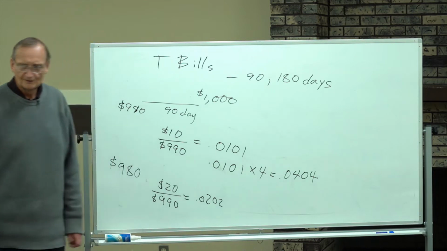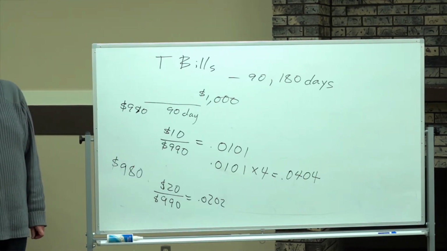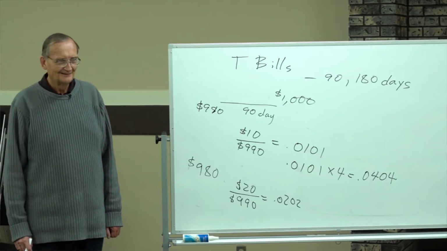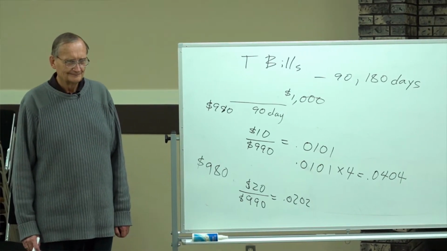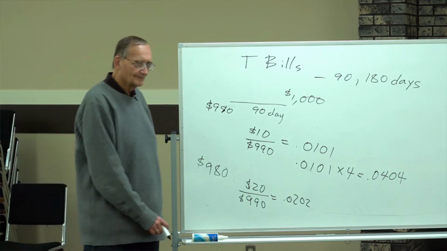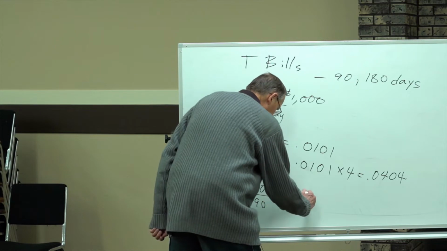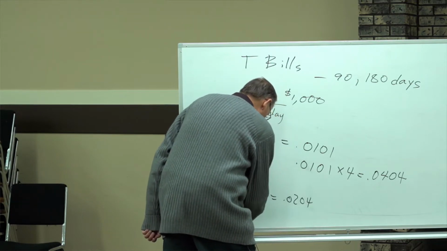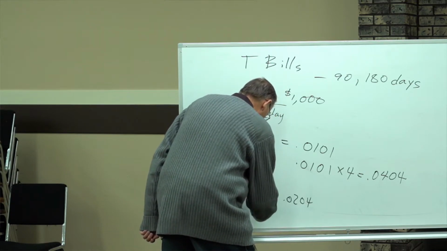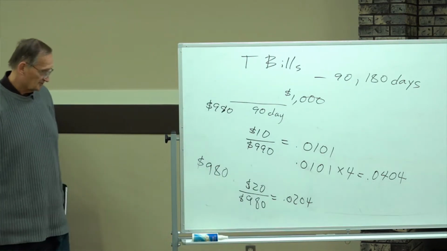Is that what it was? 2.02%? Am I right? I got 204. Oh, because one. Did you get a 4 here? Yeah, at the end, because 980 instead of 990. Good. You caught a mistake. That's probably the first one I've made in 10 years.